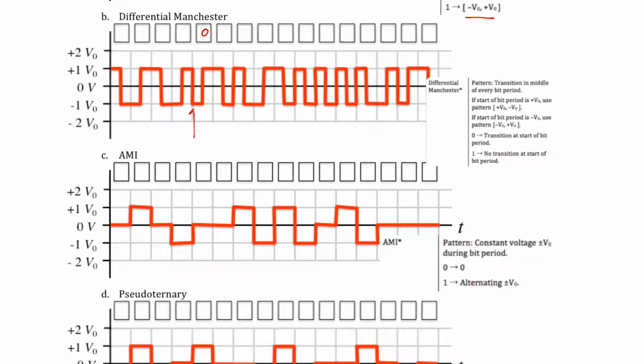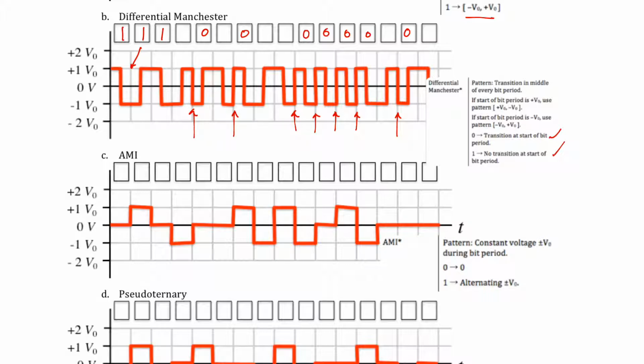And so I'm going to look for all the places where I have a vertical line on the transition of the bit period. And those are going to give me the 0s in those bit periods. And then I'm going to fill the rest of them in with 1s and double check along the way whether or not there's a transition at the beginning of the bit period.